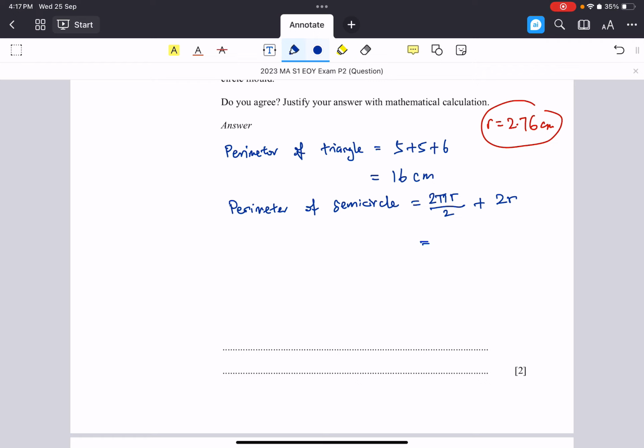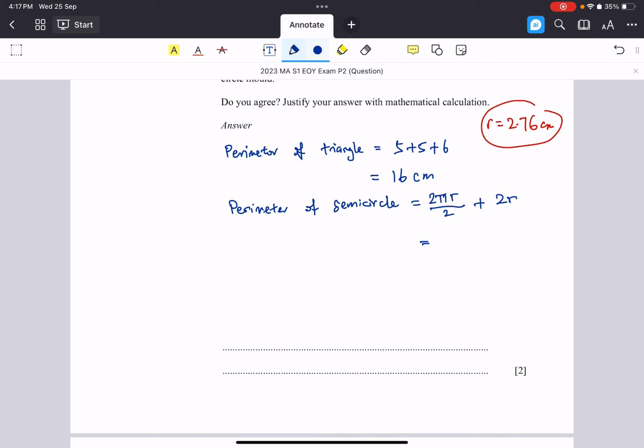So we sub it in and calculate: pi times 2.76 plus 2.76 times 2.